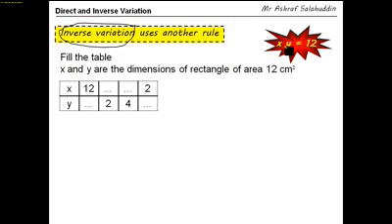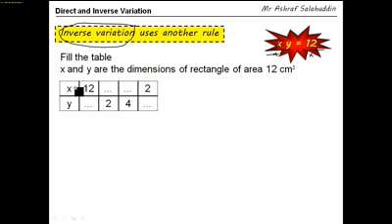Yes, length times width, or the product of the two dimensions equals the area, which is 12. As you notice, this relation is an inverse variation because if you divide both sides by, for example, x, the relation will be y equals 12 over x, which is inverse variation.